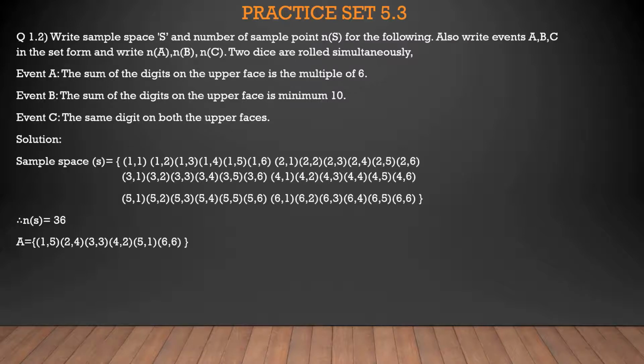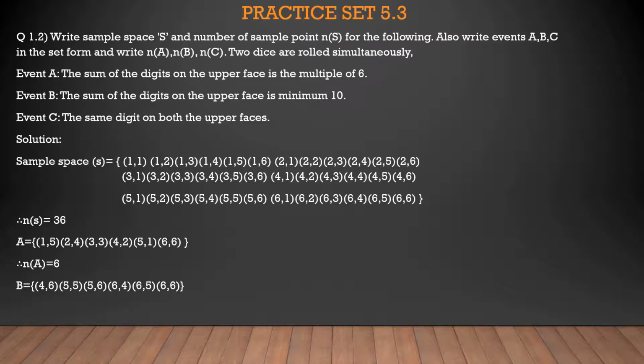We have taken (4,2) because 4 plus 2 is 6. We have taken (5,1) because 5 plus 1 is 6. And we have taken (6,6) because 6 plus 6 is 12, which is a multiple of 6. So total sample points in event A are 6. So we have n(A) = 6.